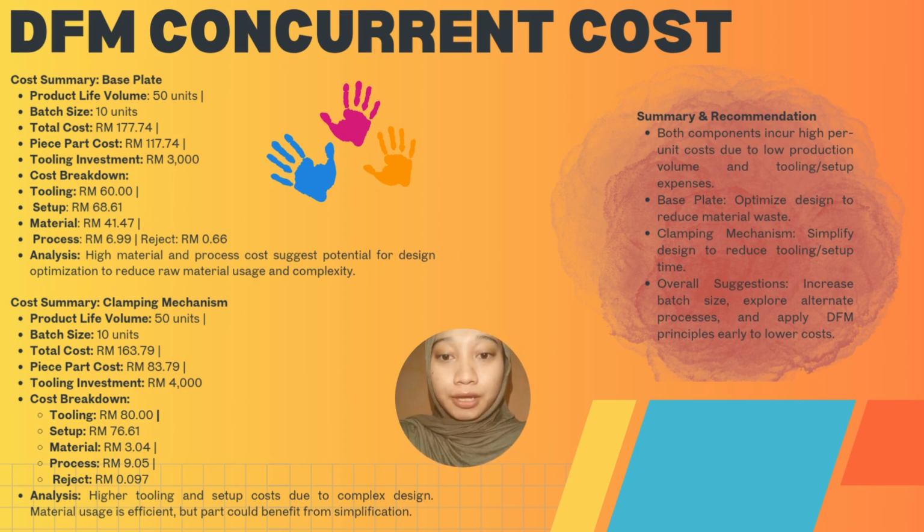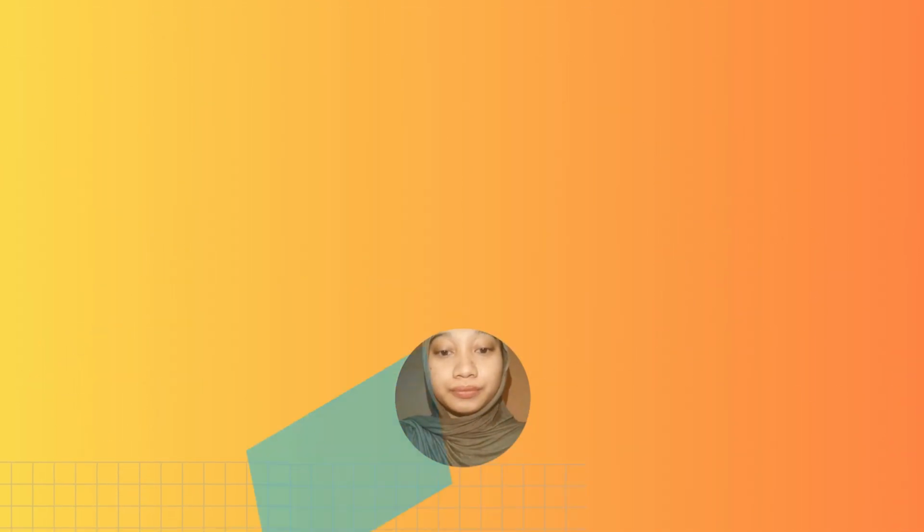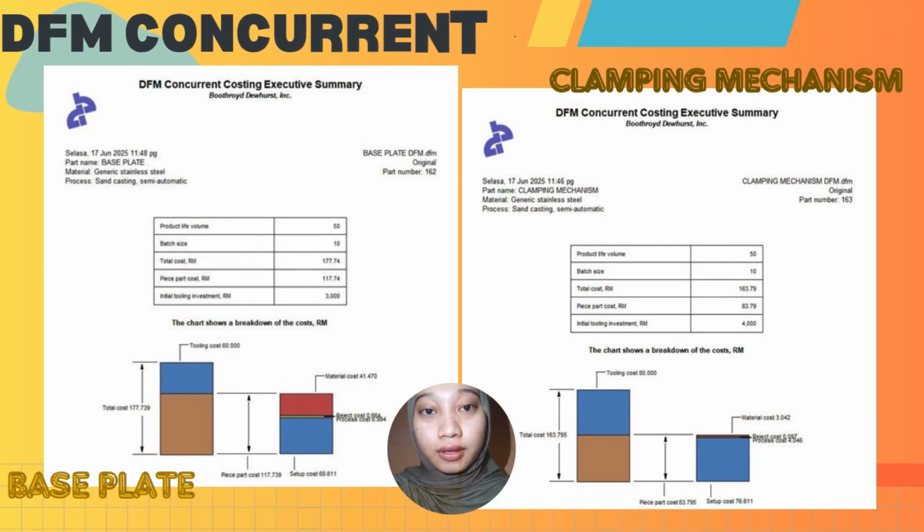For the clamping mechanism, simplify the design to reduce tooling or setup time. Overall, increase batch size, explore alternate processes, and apply the DFM principle early to lower costs. This is the design for concurrent cost.